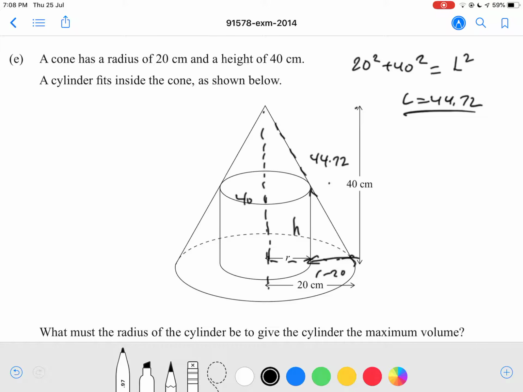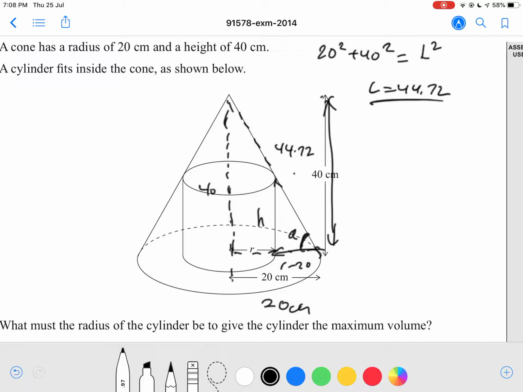This length is 40 centimeters, and the horizontal length is 20 centimeters. We can find this angle, which we call theta, using our right angle triangle rules. We have 40 and 20. So we can use tan.